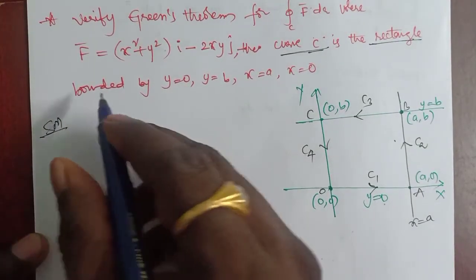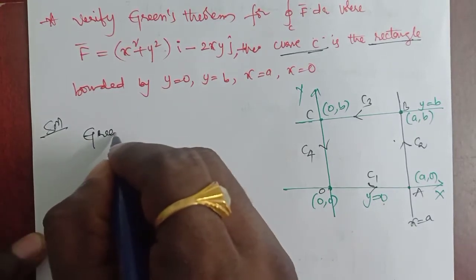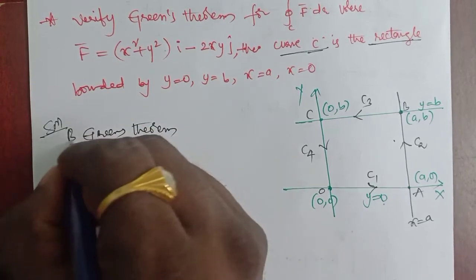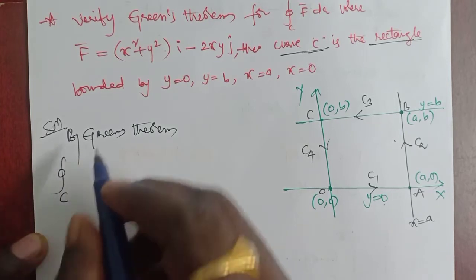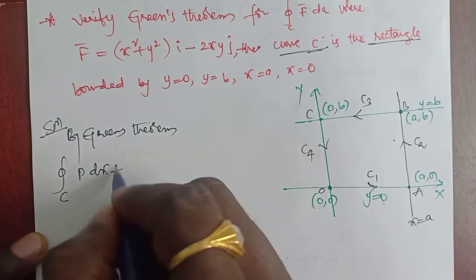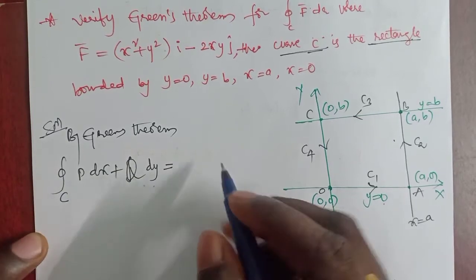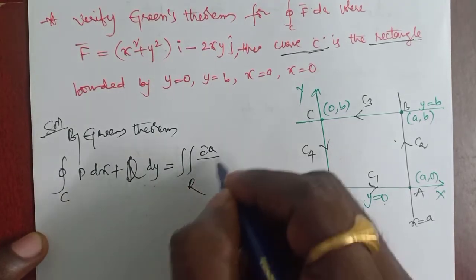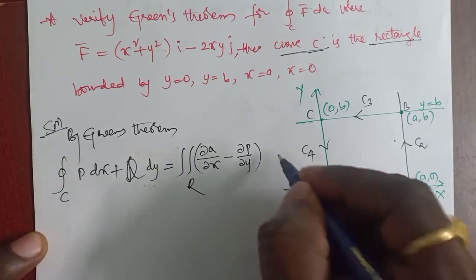Coming to the problem, by Green's theorem, what is our formula? The line integral along the curve C of P dx plus Q dy equals the double integral over the region R of (dou Q by dou x minus dou P by dou y) dA.